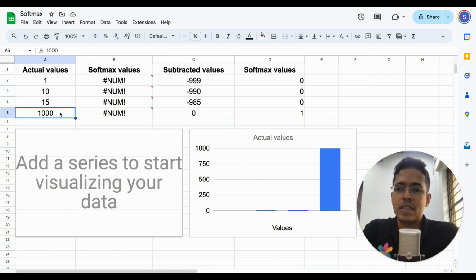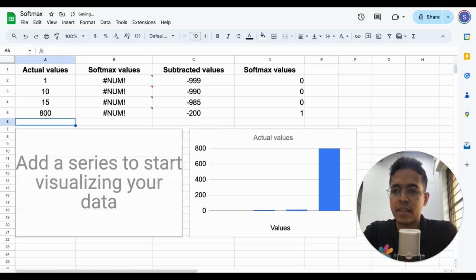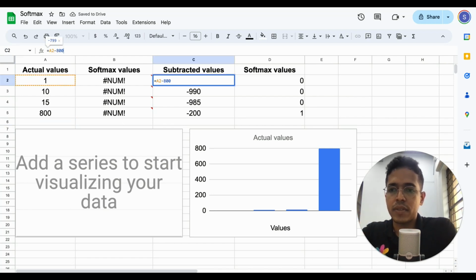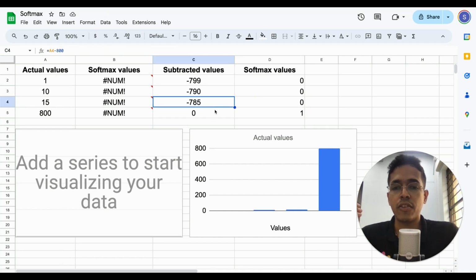Or let me reduce the size of this number, perhaps maybe 800. Okay, so then I can subtract 800 from all of these numbers. And here you see the values now. It can calculate the softmax value.